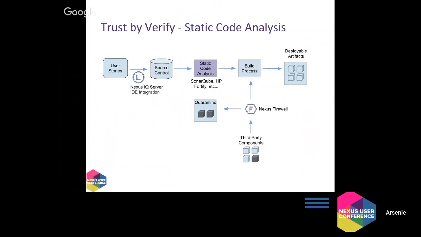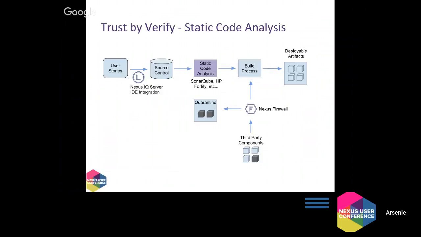Then later on in the build process, once the analysis passes, once that feedback is given back to the developers, the build process starts. I just use a single build process box. Obviously any build process can become pretty complicated, and it really depends on your application. But during the build process, that's when these components are pulled into your software.